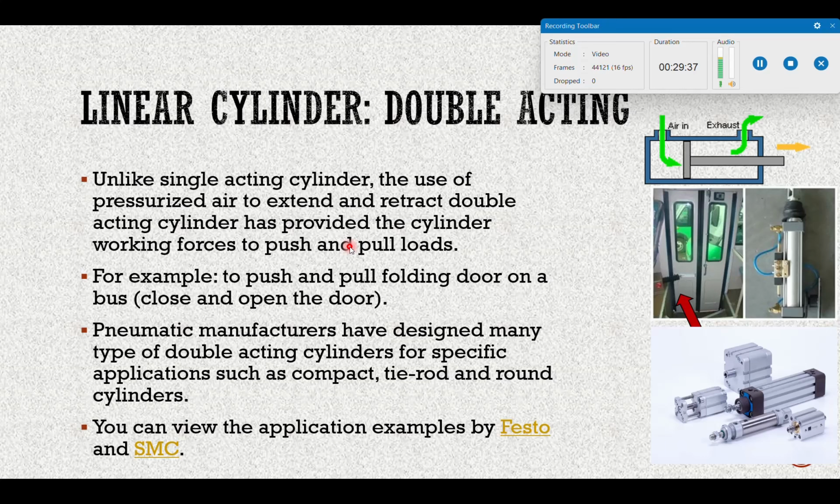So if that is the case, like this one, when we need to apply force on both retracting as well as extending, like this train or bus door, I think this one is a bus door, then it's best if you use a double acting cylinder, so we could apply more and bigger force on both ports while it's extending or retracting.